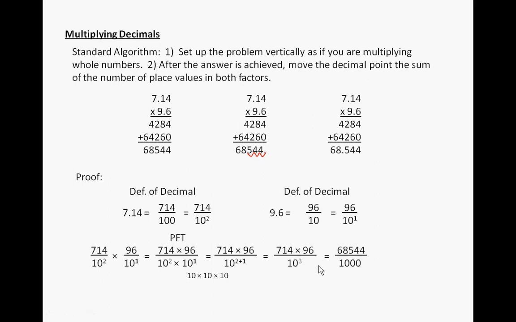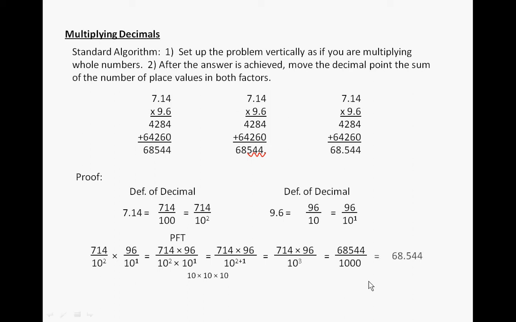And if you were to multiply that out, you get 68,544 over 1,000. Well, notice the 3 here. The 3 coincides with how many times we move the decimal point in the algorithm. So essentially what we have is the whole number over 1,000, and when we move the decimal point from right to left, you are essentially dividing by 1,000.